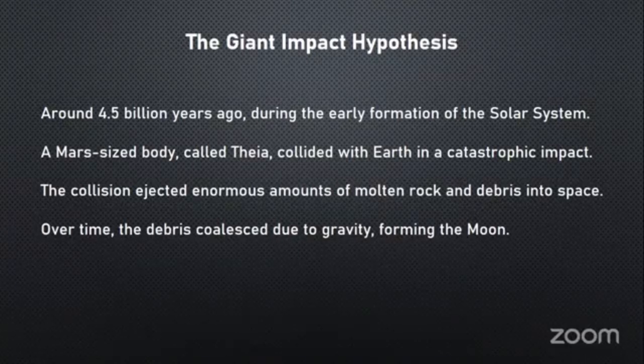It collided with Earth, a head-on collision in a very catastrophic impact. The collision ejected enormous amounts of molten rock and debris into space. Over time, this debris coalesced due to gravity, and that led to the formation of the moon.